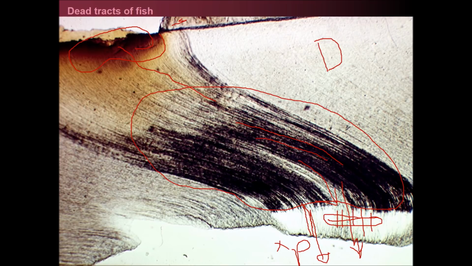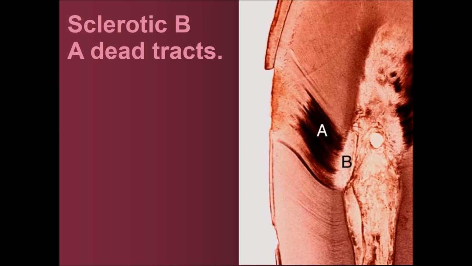In this case, you need to go to a dentist for root canal treatment. In this area, you can see the dead tract as A, and B is the blind tract.